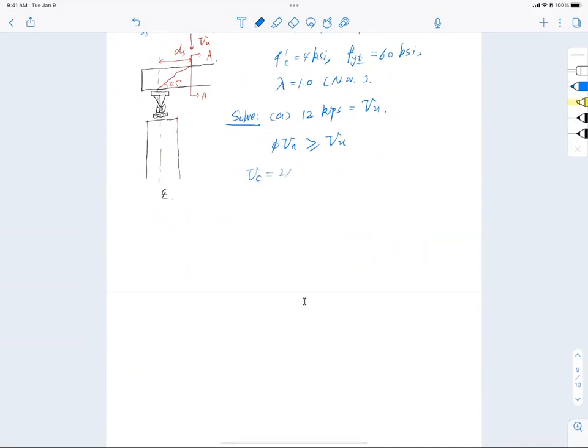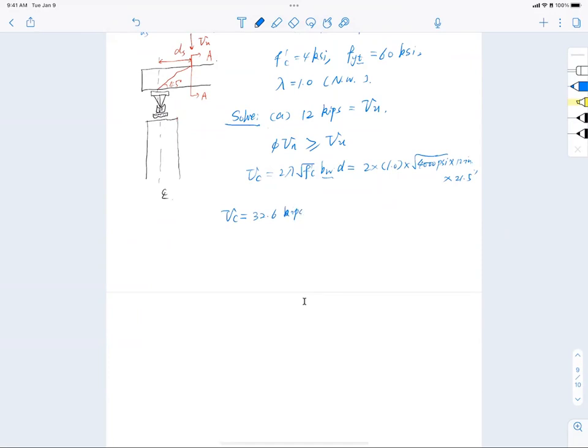That is equal to 2 lambda square root of f'c bw d, so 2 times 1.0 times square root of 4,000 psi, multiplied by 12 inches, which is the width of the section, and multiplied by the depth, which is 21.5 inches. For this Vc, you do the calculation and you find that it is about 32.6 kips.